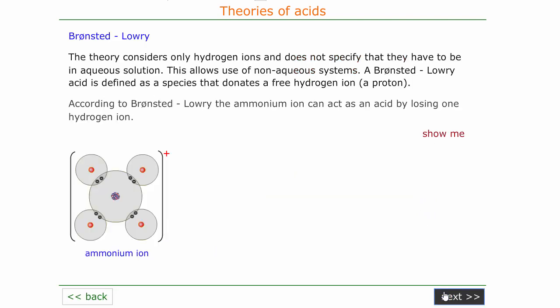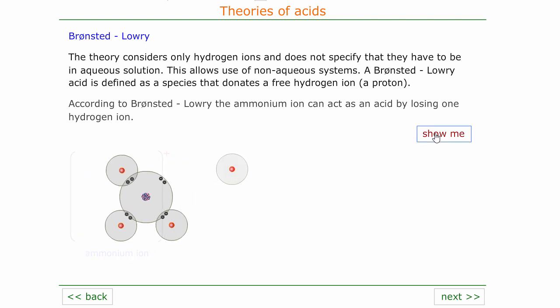Let's go look at it in a little bit more detail. Bronsted-Lowry theory considers only the hydrogen ions and doesn't specify they have to be in aqueous solution. So in this particular case, we could take an ammonium ion, NH4 with a positive charge. If this ammonium ion donates a hydrogen ion, it's effectively acting as a Bronsted-Lowry acid.